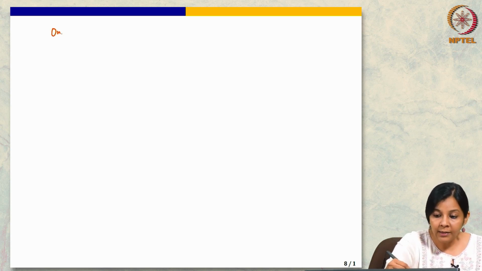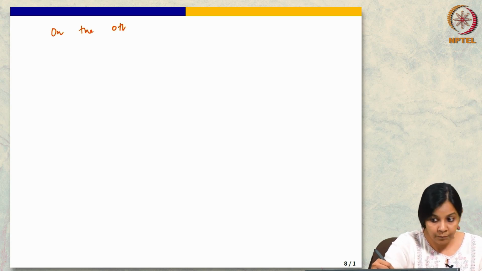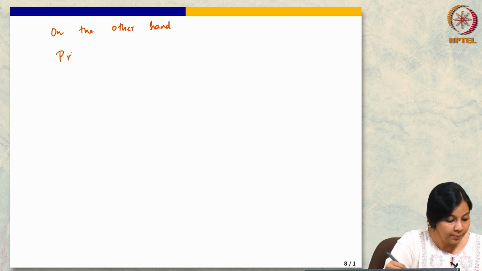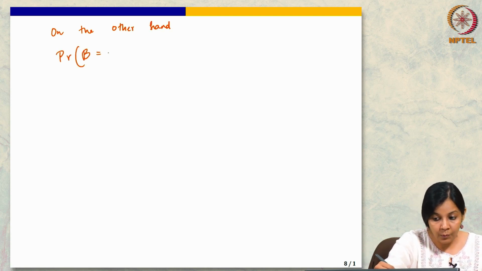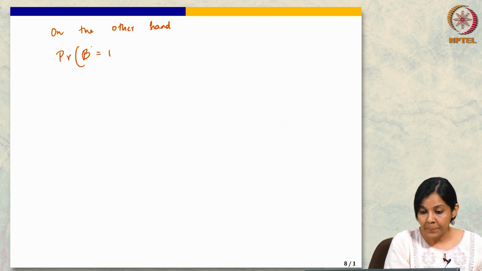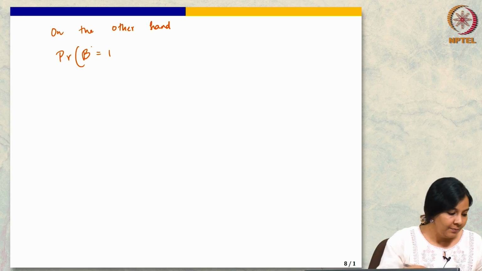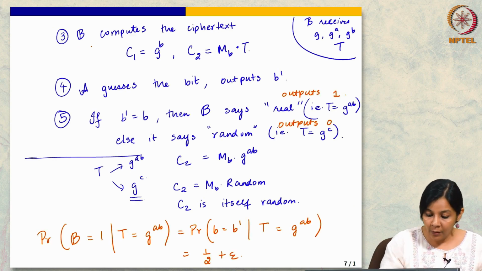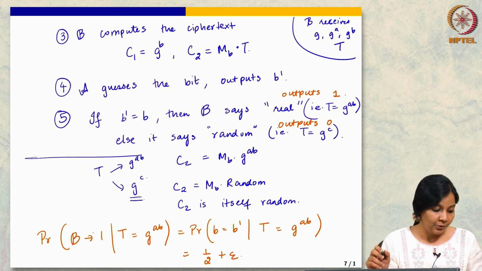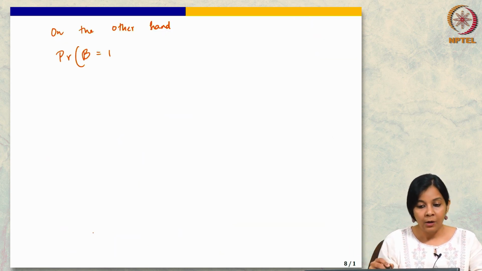So, now on the other hand, what is the probability that B outputs 1 when T is equal to G to the C? Maybe I am being a little loose in how I am writing this, I will at least put an arrow. So, B equal to 1 means that the output of B is 1. Okay.